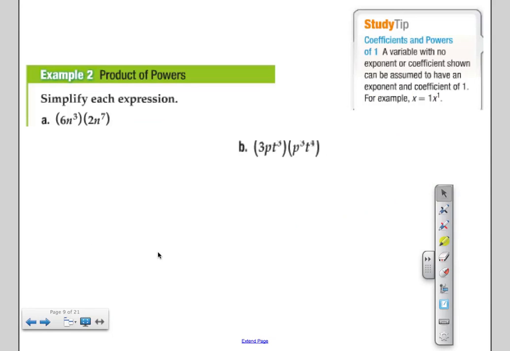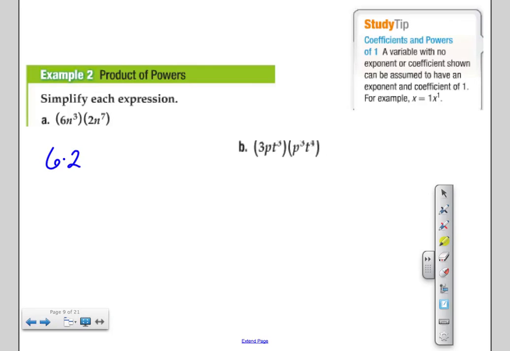All right, let's look at an example here. We're going to simplify these expressions. 6n to the power of 3 times 2n to the power of 7. So what we're going to do to simplify these, we're going to break them down a little bit. We're going to say 6 times 2. Remember, multiplication is commutative. You can do it in any order, right?